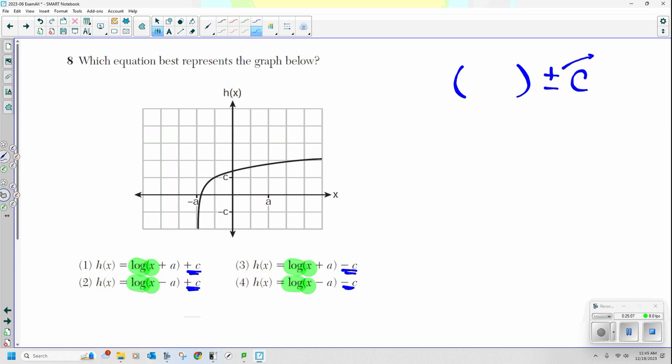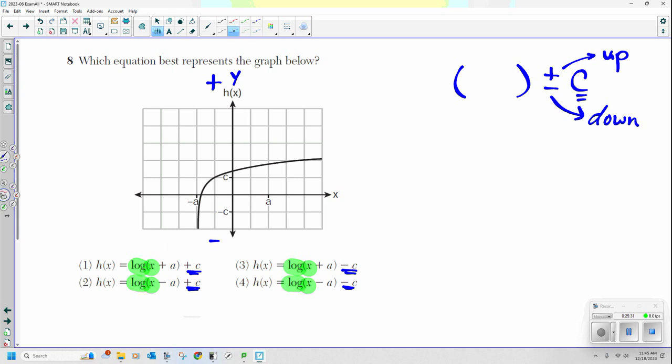If I'm adding something outside the parentheses, I'm moving up. If I'm subtracting something outside the parentheses, I'm moving down. So if C was the number 3, I'd be moving up 3 or down 3. And that makes sense because on my y-axis, the positives are up and the negatives are down.